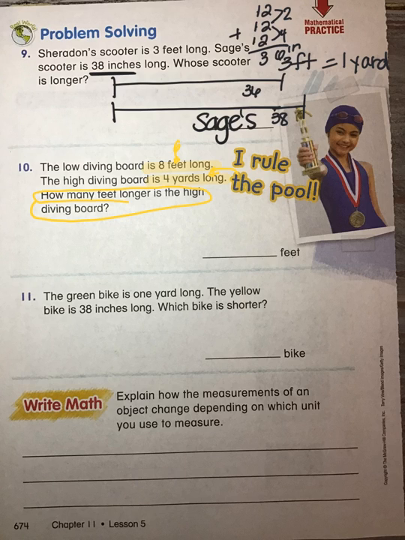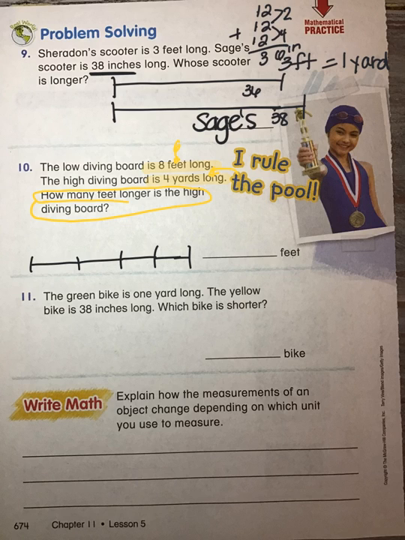Okay, you have to remember how many feet are in that yardstick. So we have 4 yards here. Okay, so here's 1 yard. And then 2 yards, 3 yards, and 4 yards. So do you remember how many feet are in a yard?